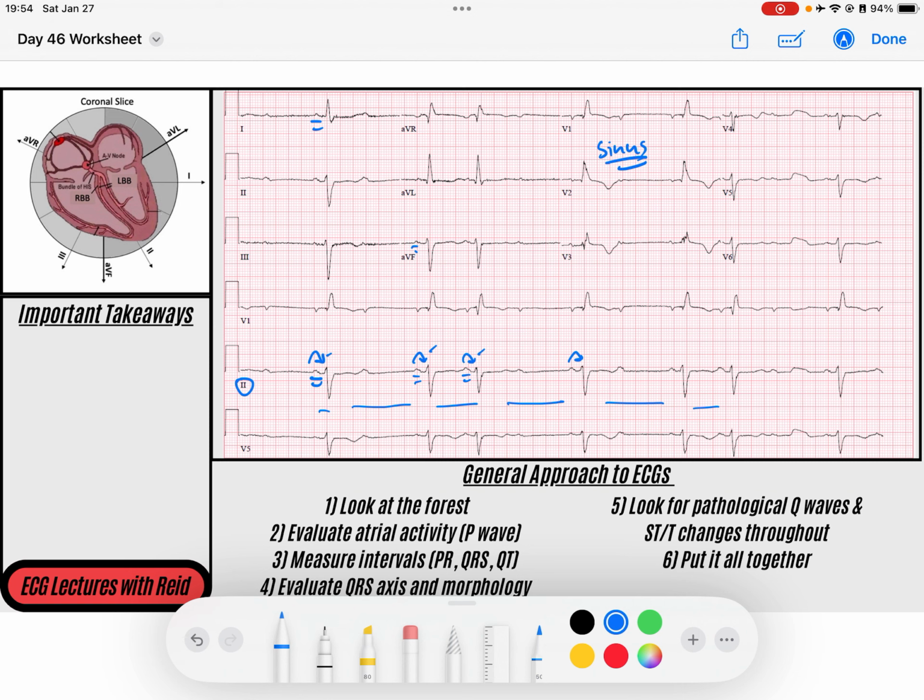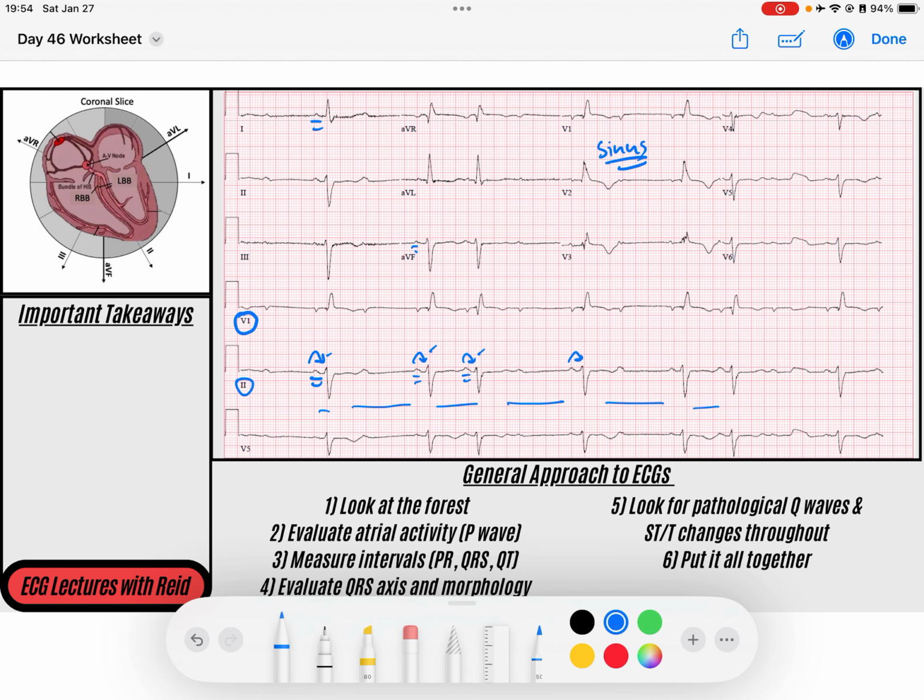Okay, that's good. Next, we're going to evaluate whether there are P waves that are not conducting to QRSs. There are these pauses, and we said the sinus node is beating. If I look down here, I find a lead that's got a nice sharp deflection of atrial activity and usually a more flat T wave to help. V1 is really helpful for that.